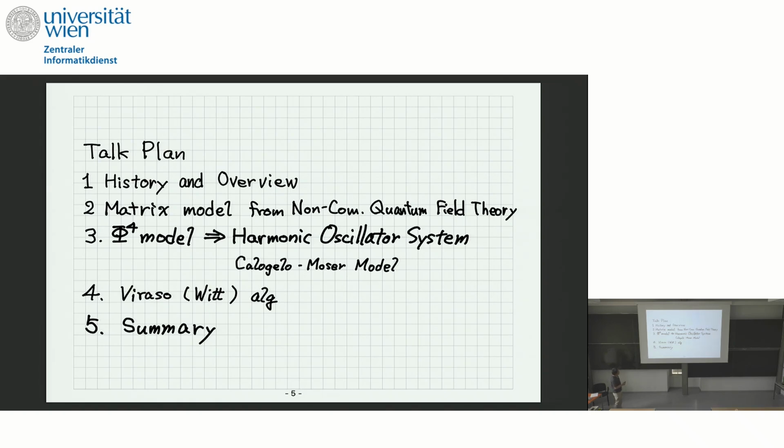The main part is section 3. We derive the harmonic oscillator system, or Calogero model, from this matrix model. I also make comments about the Grosse algebra and summarize.